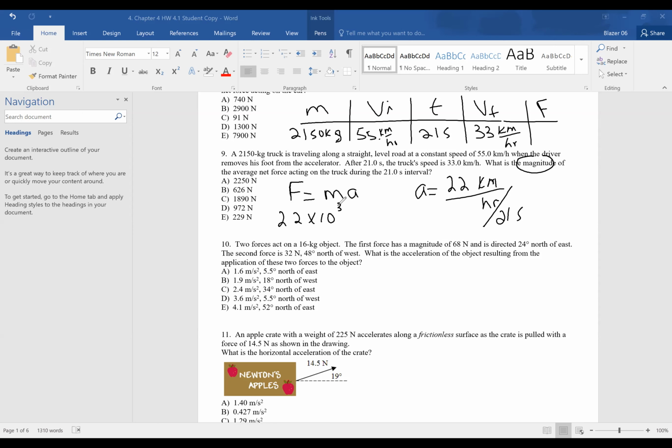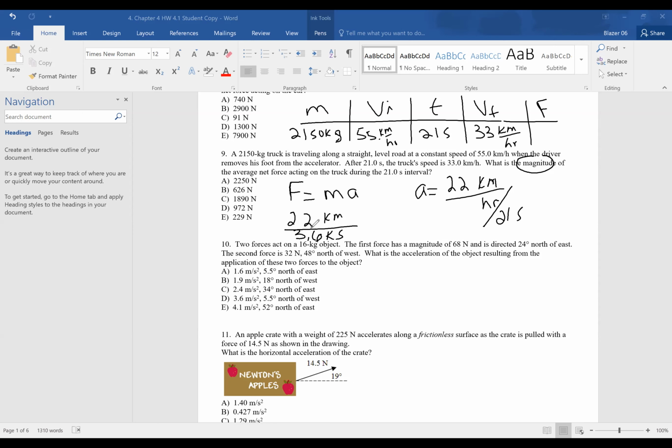Or another way to think of that is this. Before I even do that, let me show you this. This is what I want you to think about when you see these numbers. An hour, okay? So we have 22 kilometers. An hour is 3.6 kiloseconds. Remember? Do you remember us doing that?